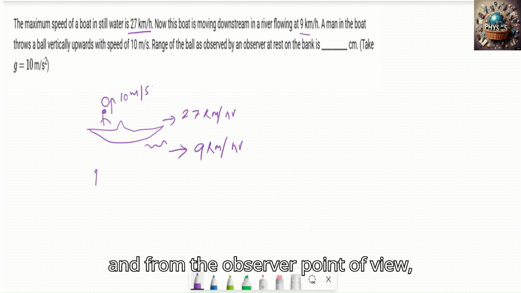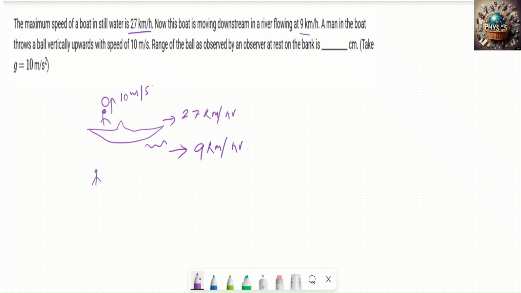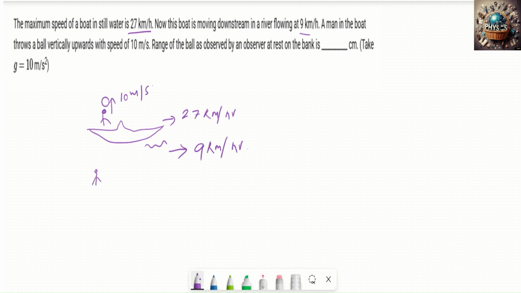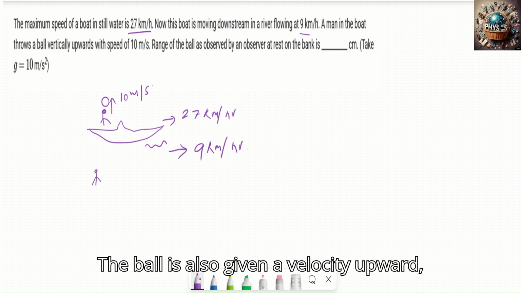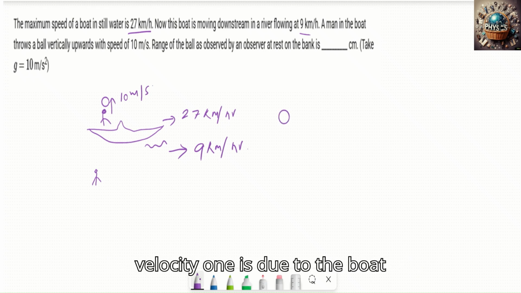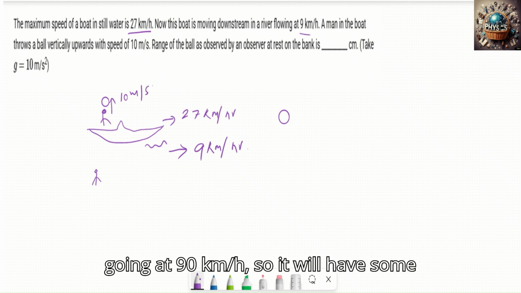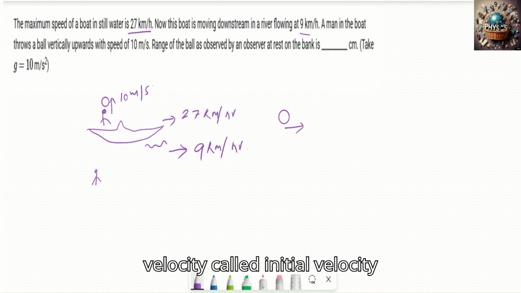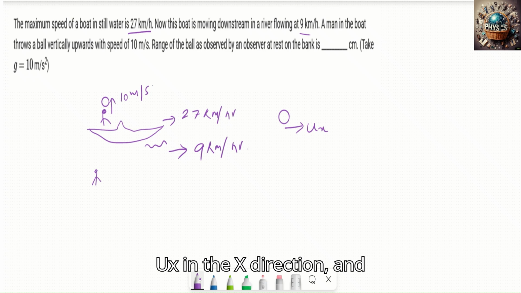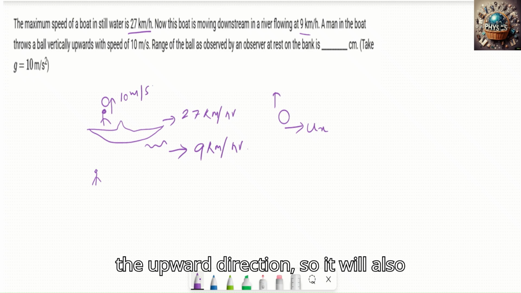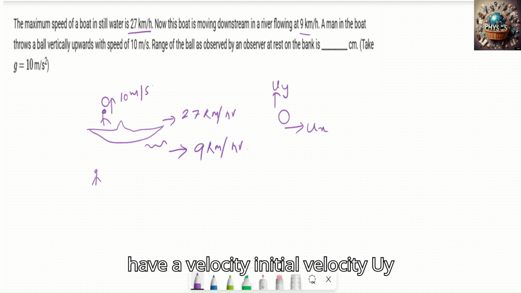And from the observer point of view, the range of the ball will be, because what will happen is, since this boat is moving and the ball is also given a velocity upward, so the ball will have actually two kinds of velocity. One is due to the boat on the running water, which is already going at 9 km per hour, so it will have some initial velocity ux in the x direction, and since it has been thrown up by the man in the upward direction, it will also have an initial velocity uy.